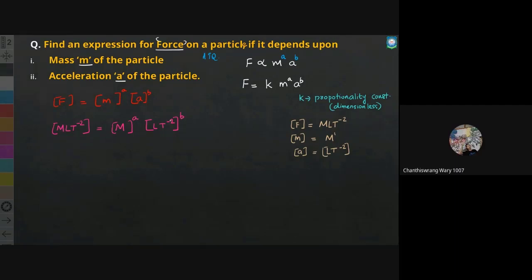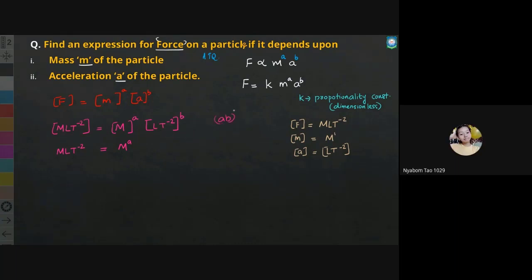Okay. Now remove this bracket. Removing the bracket, I can write this will be M L T raised to minus 2 will be equal to M raised to a times this much term. How will it be after removing the bracket?